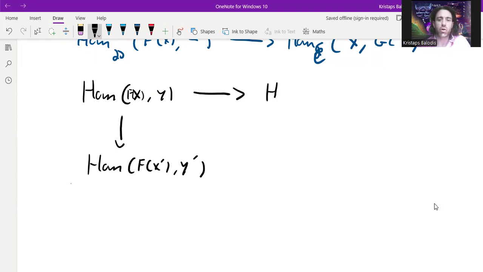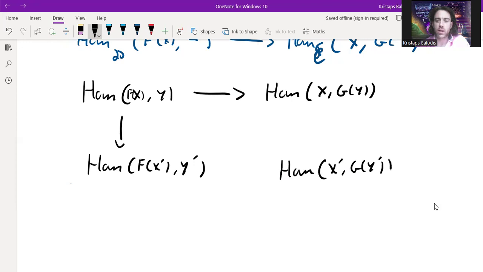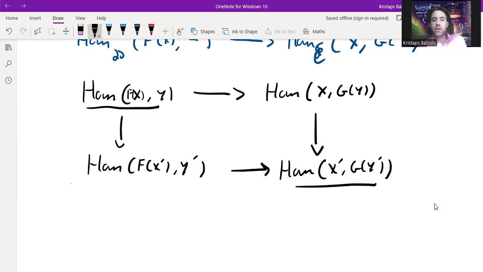But I could also relate this instead to Hom using the adjunction map, G y, and then down here this should be Hom x prime G y prime. So the goal is to start here and to somehow relate it to here.